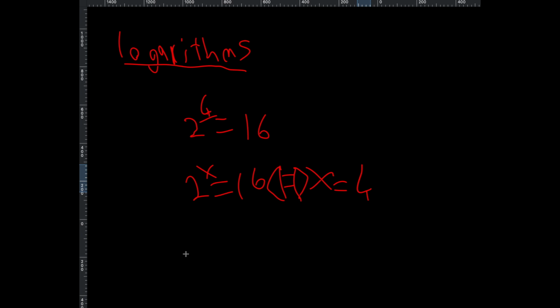Now, what would be log base 2 of 16? This is asking what power we need to raise 2 to get 16. We can rephrase it as 2 to the x is equal to 16.